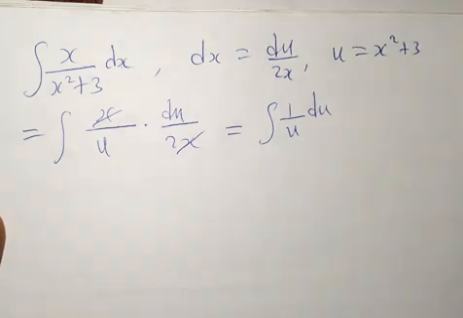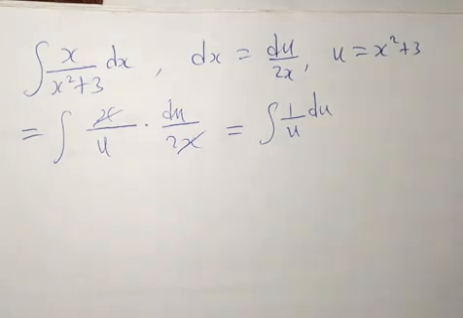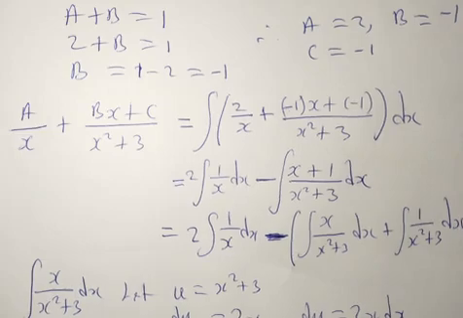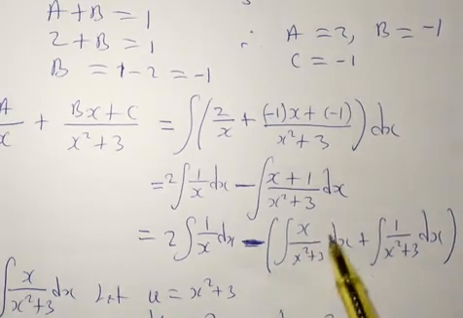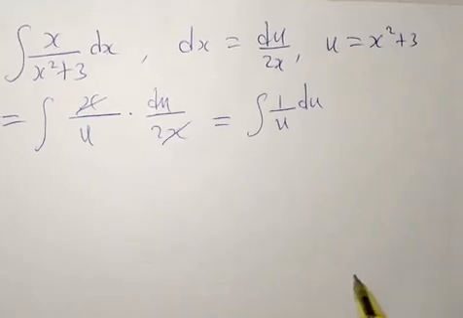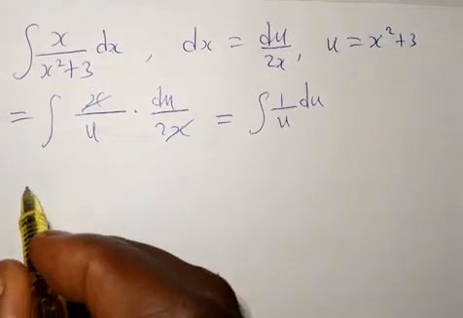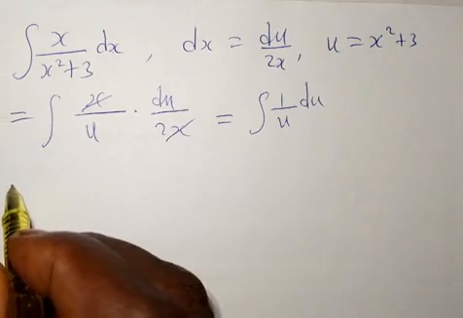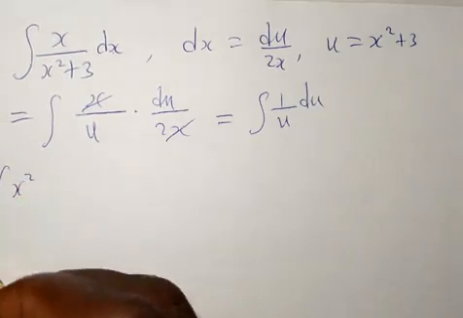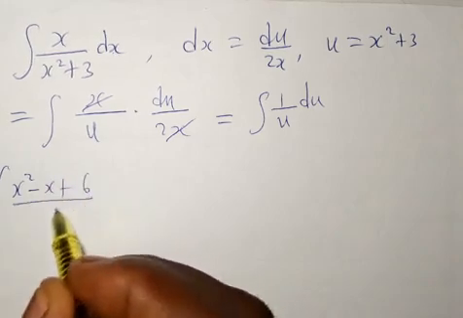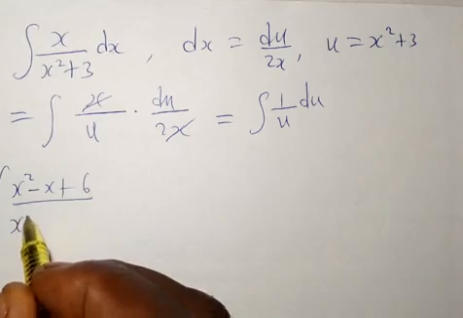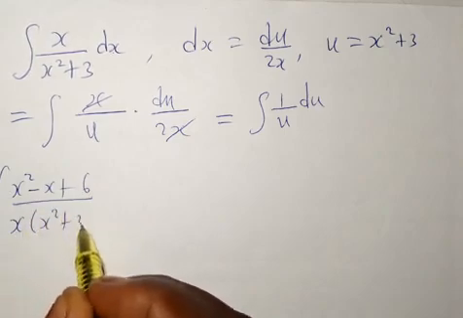So I will now bring back the middle one, this one here. If you recall, the main function is integral of x square minus x plus 6 all over x bracket x square plus 3 in bracket.